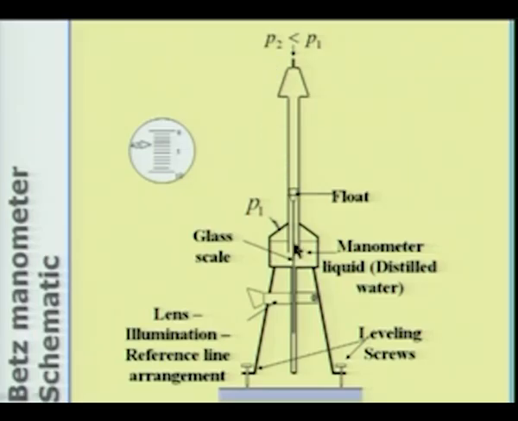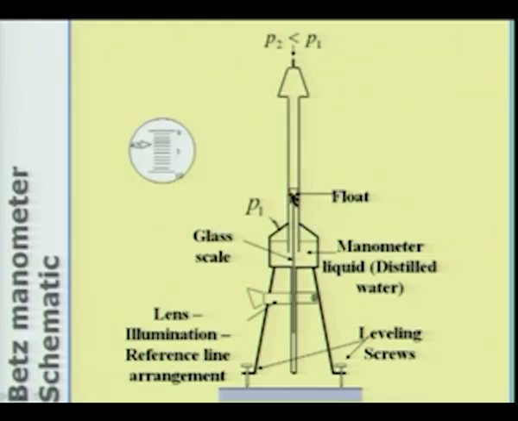So, what I am measuring is the dynamic head, which is P1 minus P2 related to H here. This H is the height difference between the two sides. And how is it measured?